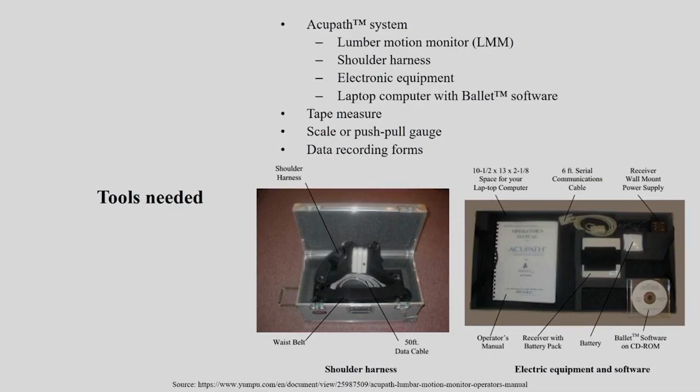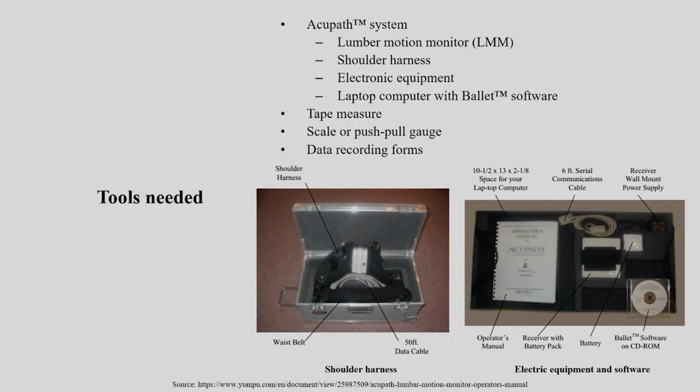Now, let us understand how this whole instrument looks. As I mentioned, we at DOD do not have this particular instrument. Whatever photographs you can see over here are sourced from this particular manual.